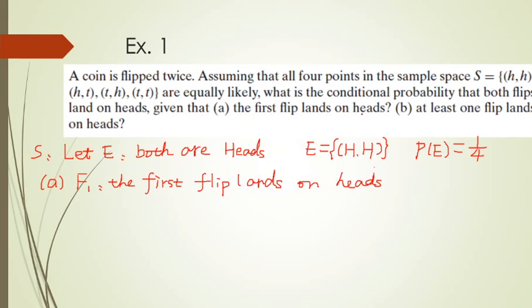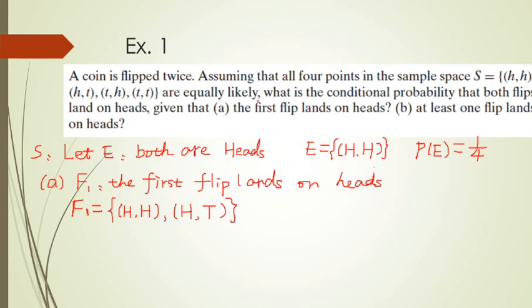So this one occurs under the condition event F1 occurs, the first flip lands on head. What are all those outcomes? Event F1 will be the first flip lands on head. You can have head head or head tail, right? You can have two different outcomes in event F.